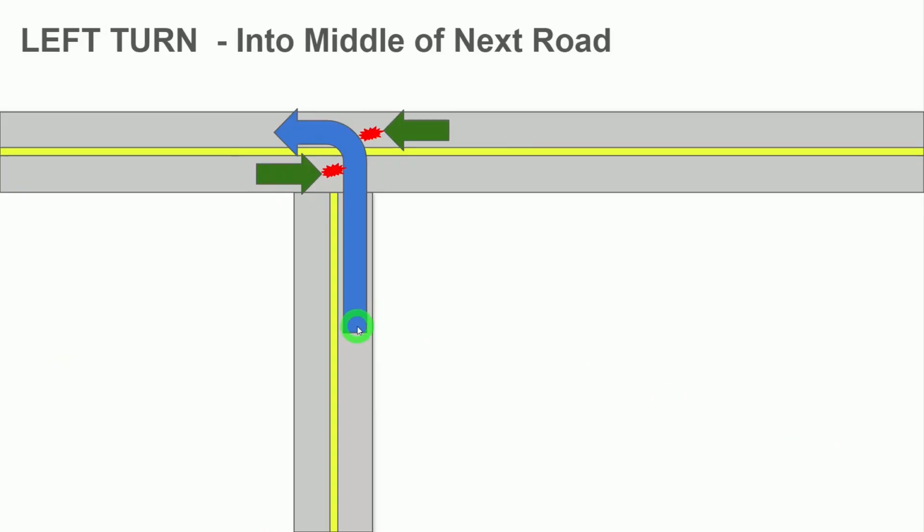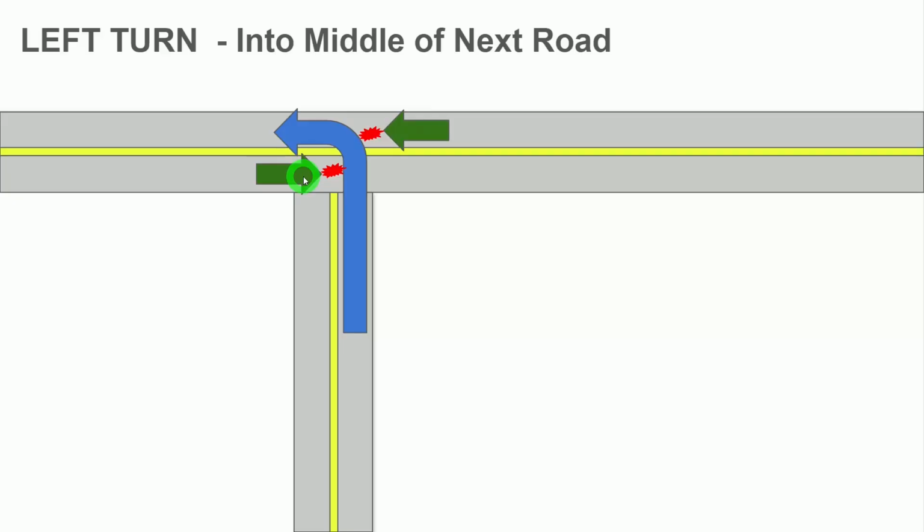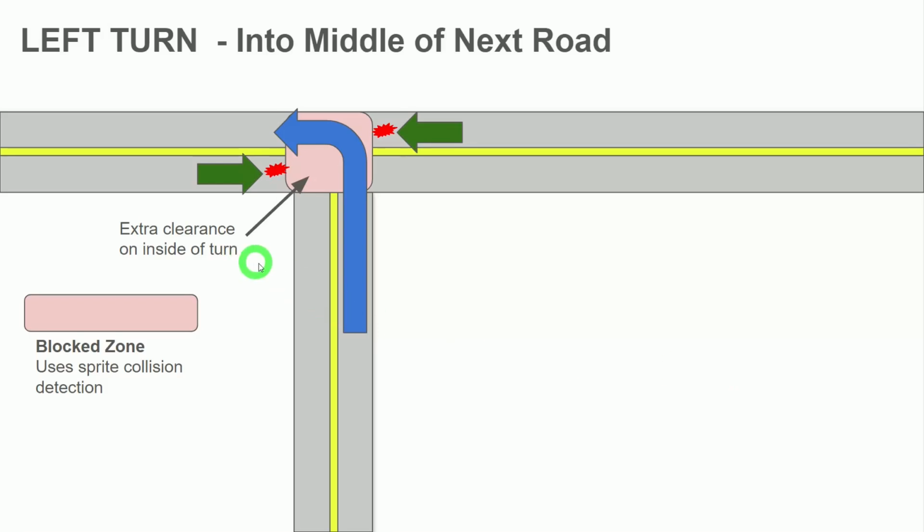Now I'm turning left from one road onto another, but in the middle of it. Now I've got to go across a traffic lane, so I could be hit by the car coming from the right or from the left. Again, we don't want the little red blobs, so I would throw down this blob, our blocked zone, using the collision detection.